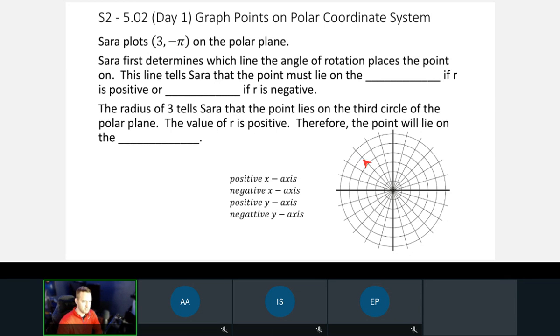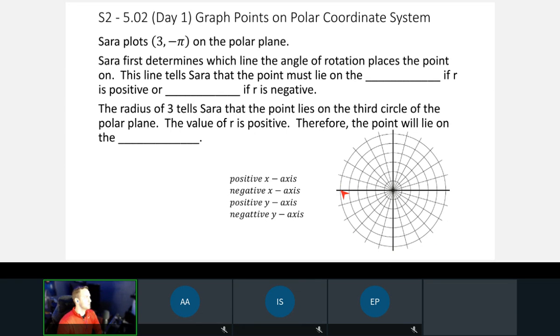Hopefully on your unit circle, you wrote an arrow going this direction showing that's negative, and rotating counterclockwise showing that's the positive direction. You have to be careful. But in this case, we rotate clockwise a full pi, which is a half rotation.